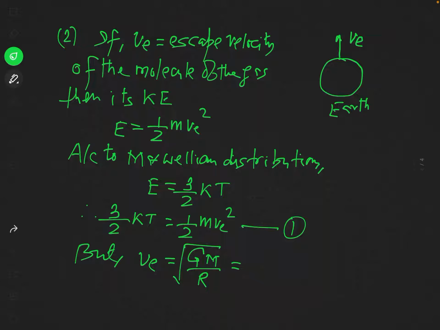Here our celestial body is Earth, so M is the mass of the Earth and R is the radius of the Earth.